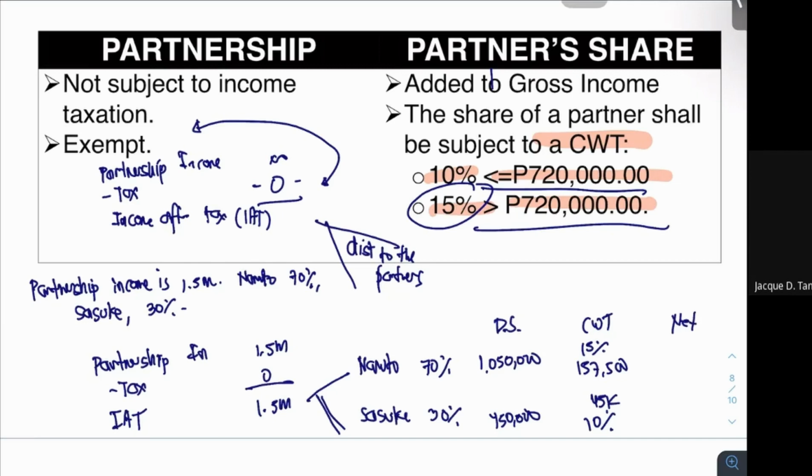So the net amount shared by Naruto is 892,500, and the net given to Sasuke is equal to 405,000. So take note, the partnership is exempt from tax, and the partner's share is subject to a creditable withholding tax.